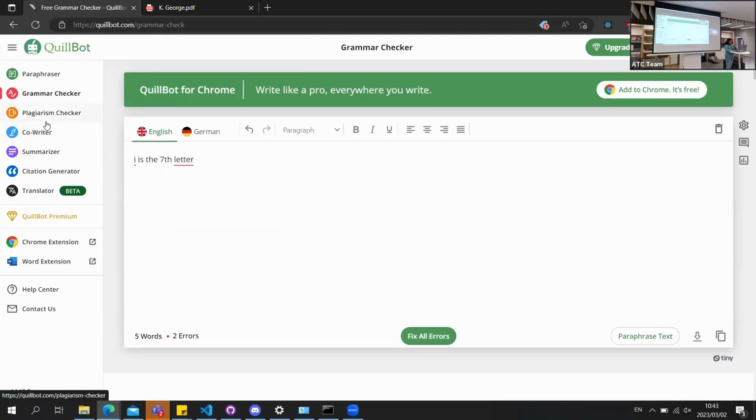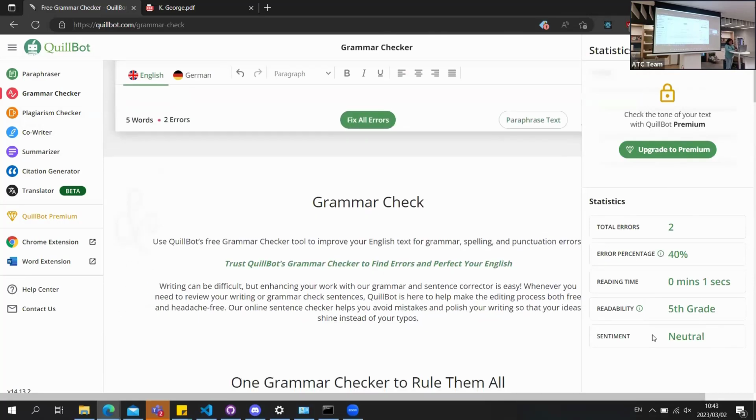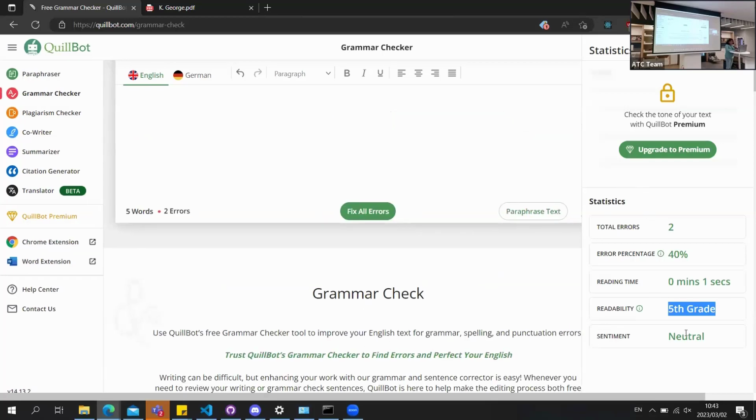If you have a very condensed sentence, it can usually simplify it. There are also statistics that it provides, where it gives a number of errors, the reading time it takes, and the readability, which is also like the level. It can go from 5th grade to high school to professional to graduate. So it also shows the sentiment.